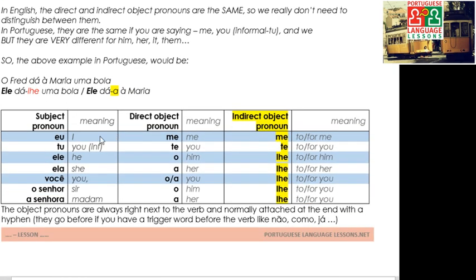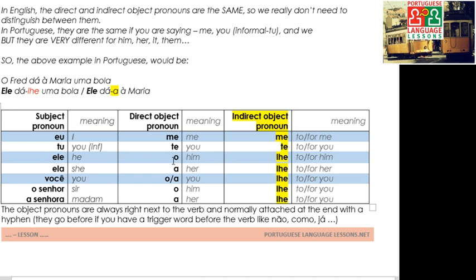So, let's look here at this table, which might help you. We've got the various subject pronouns: I, you, he, she, you, sir, madam, eu, tu, ele, ela, você, o senhor, a senhora. We're just talking about the singular ones here.